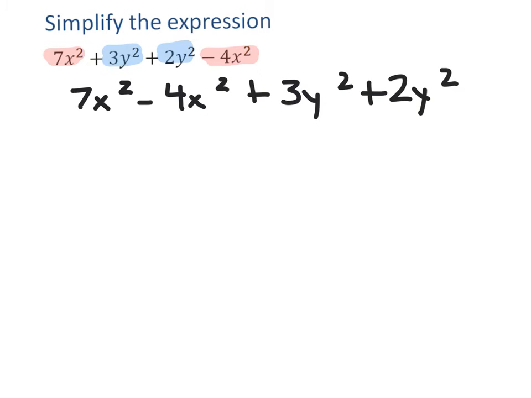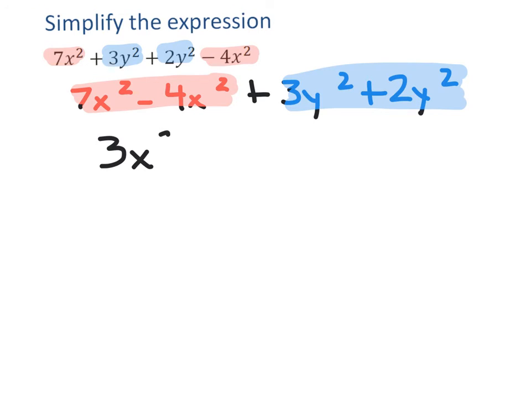And again, our x squared terms go together and our y squared terms are together. Now if we finish combining those like terms, 7x squared minus 4x squared becomes 3x squared, and 3y squared plus 2y squared becomes 5y squared.